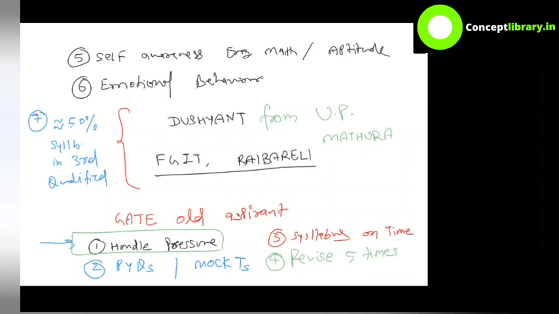Plus, if you are a third year student, then you have one more year, but you should also perform at that time and give your 100%, because if you qualify the GATE in third year, then next year you can think, I already qualified last year, so I will improve my rank to top 100, top 10, or one, as per your situation and demand.